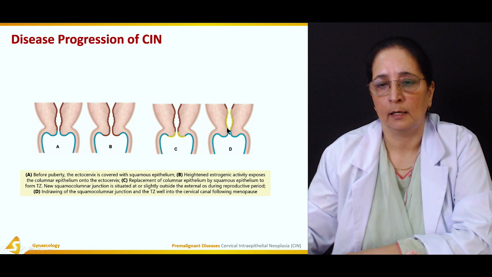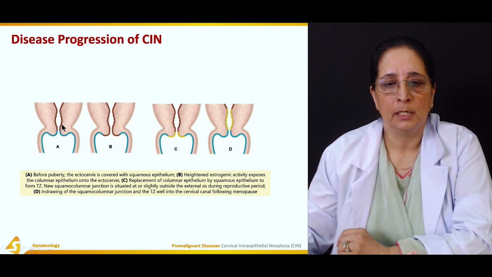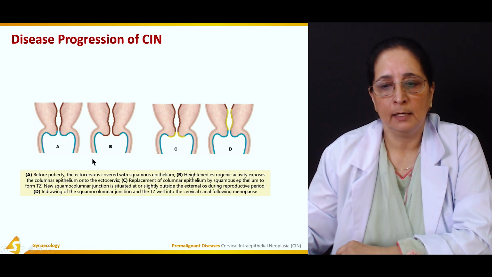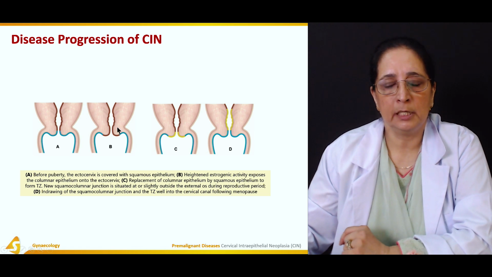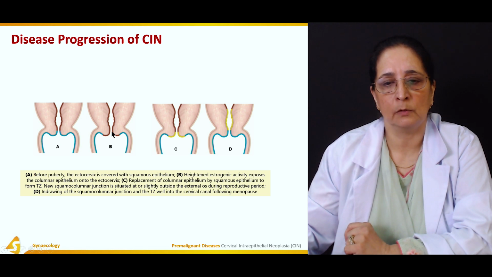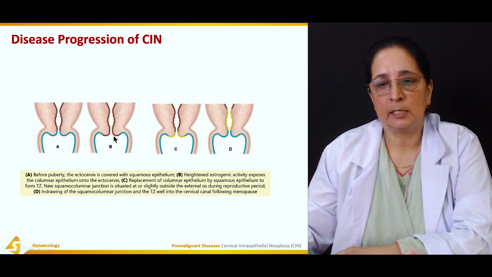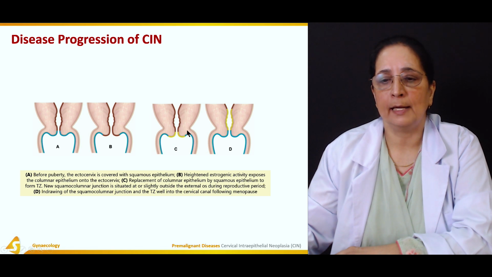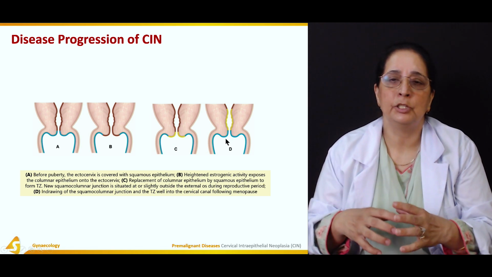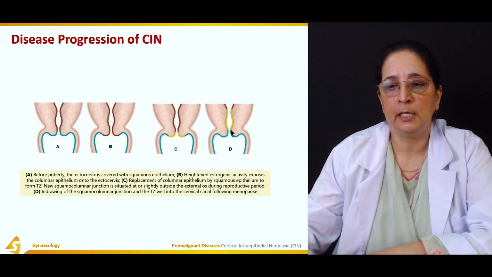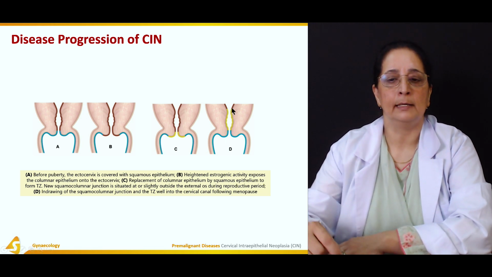So before puberty, this is the squamous epithelium. With high estrogen levels, the columnar epithelium is exposed onto the ectocervix. Then there is replacement of columnar with squamous, leading to the formation of the squamocolumnar junction, and finally after menopause, this junction is pulled up into the endocervix, or the cervical canal.